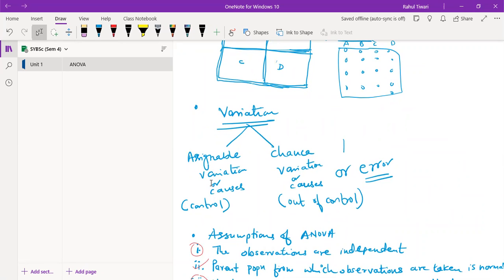That is the main motto of Anova: we have to separate the assignable variation from the chance variation. How to separate and what the procedure is, we will cover in the next classes.